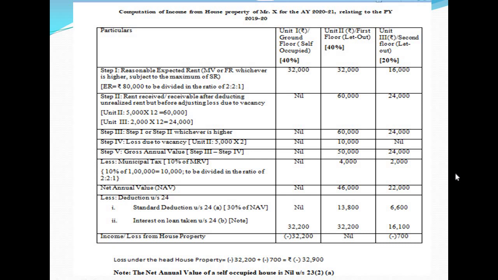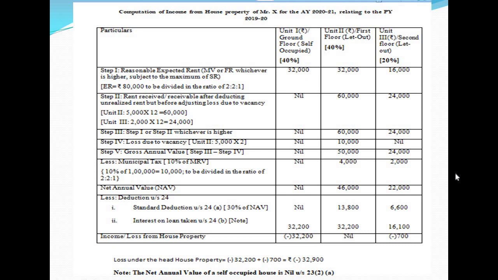Then from the gross annual value, you have to deduct the municipal tax to get the net annual value. The municipal tax in this case is 10% of the MRV. 10% of the MRV, which is 1 lakh, will give you 10,000, and this 10,000 again has to be divided among the 3 units in the ratio of 2:2:1.